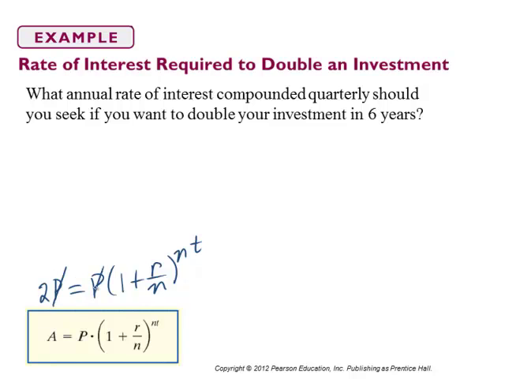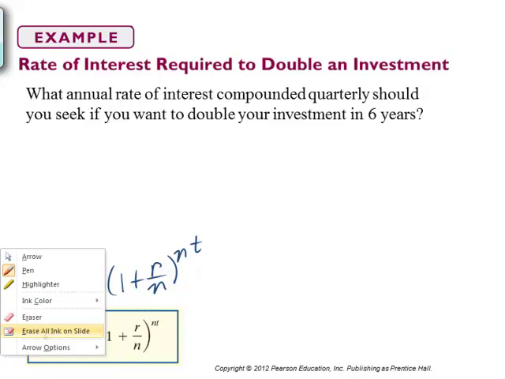Then the P's are going to cancel. And then, hey, we've already had a discussion of solving exponential equations, right? So we could use logarithms to solve for r, as we shall see. I'm going to erase this and go forward with the solution.